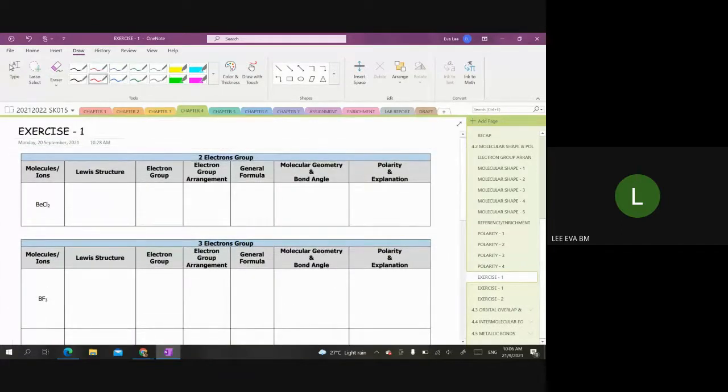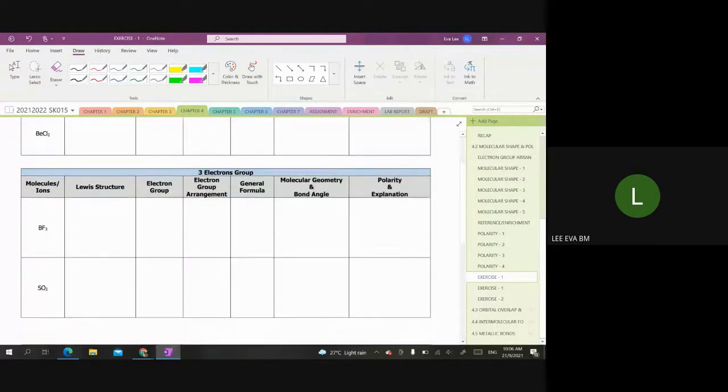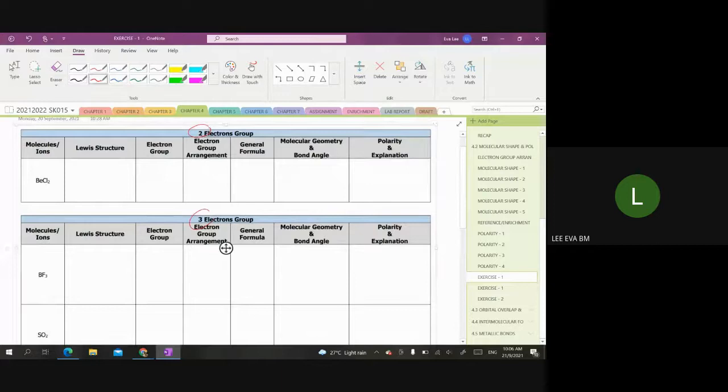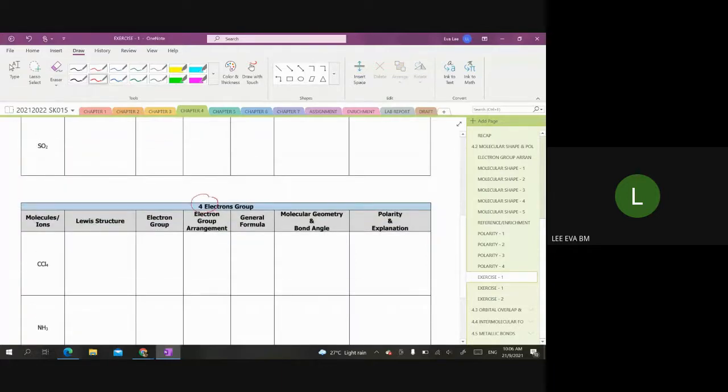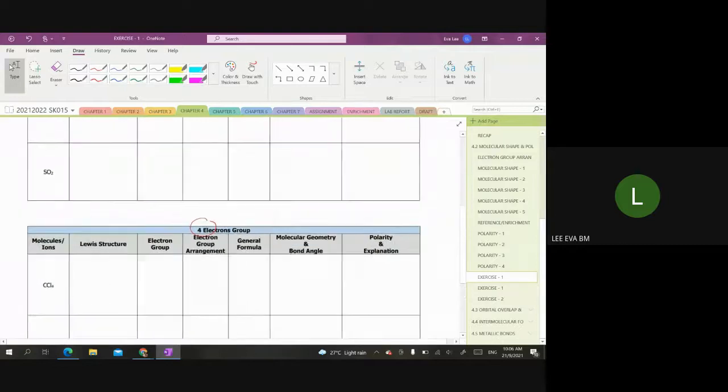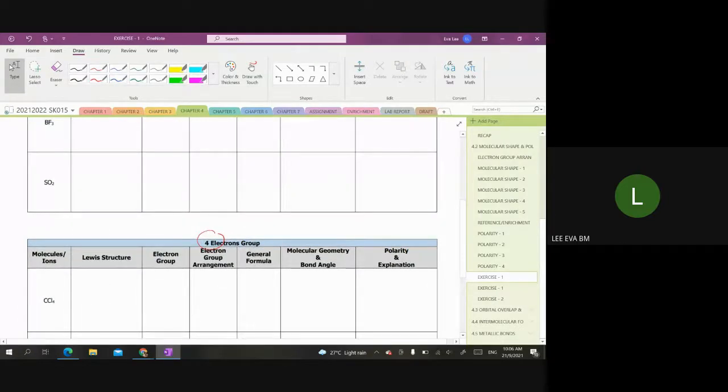This is the homework to be submitted in GC. I want you to complete this table for group 2, group 3, and group 4. 3 table ni saja. Tapi nanti Madam akan hantar satu video untuk tunjukkan cara macam mana awak nak completekan jadual ni.